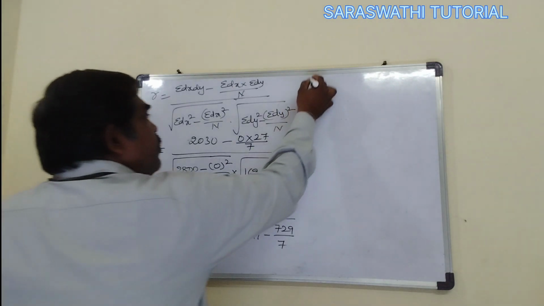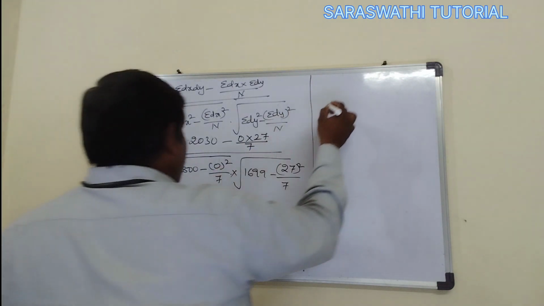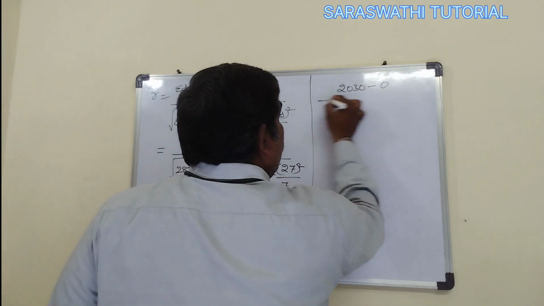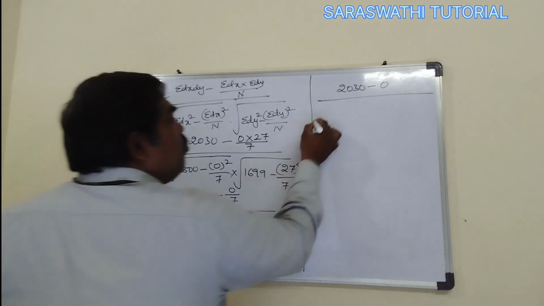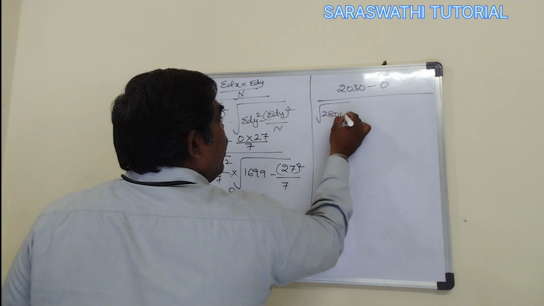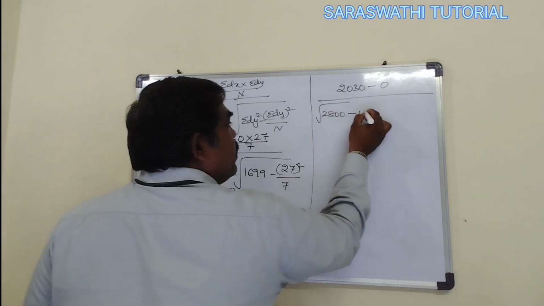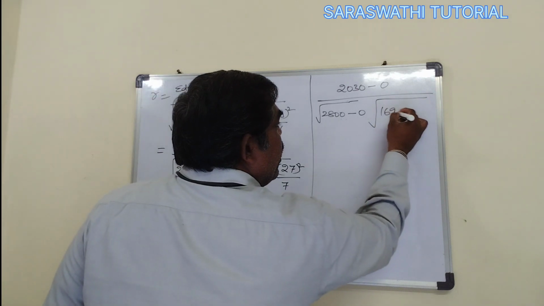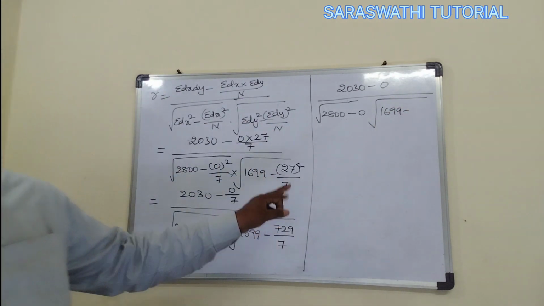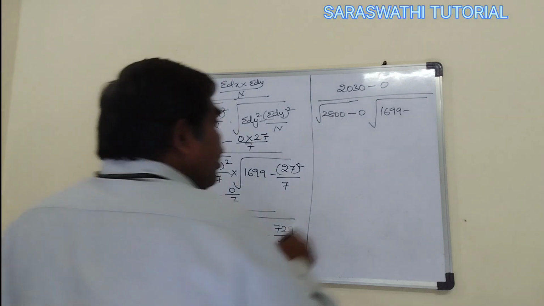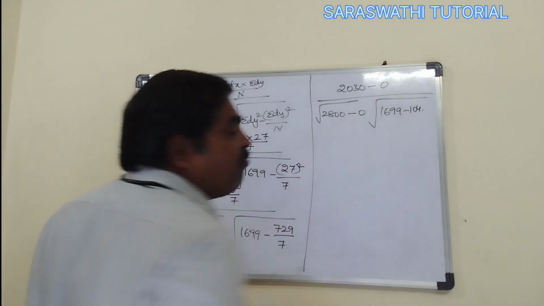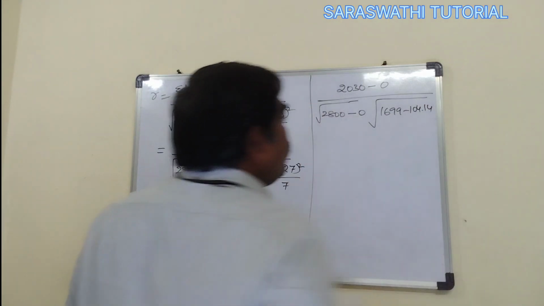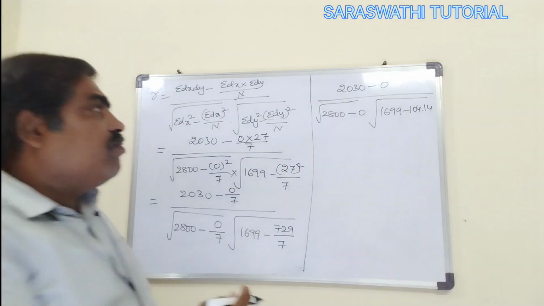Then 2030 minus 0 by 7, which is 0, whole divided by 2800 minus 0 by 7, into under root 1699 minus 729 by 7. By dividing that, you will get 104.14. Use the calculator to find it.